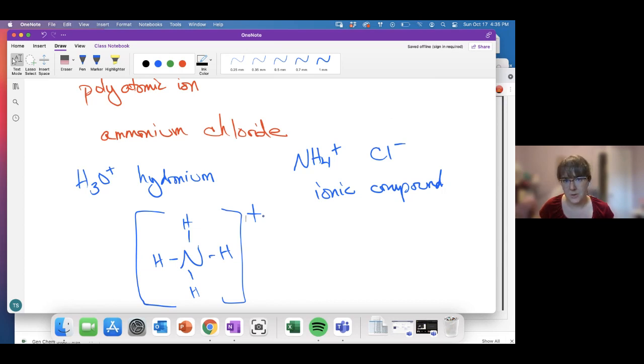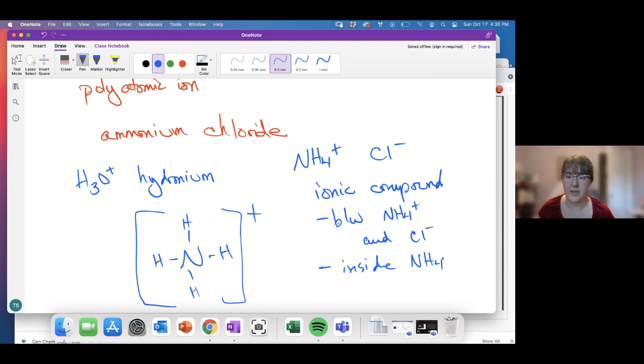So this concept, by the way, where you have an ionic compound because that's what's holding the polyatomic ion to the chloride ion, is an ionic interaction between my polyatomic and my chloride ion. But inside NH4 plus are covalent bonds.